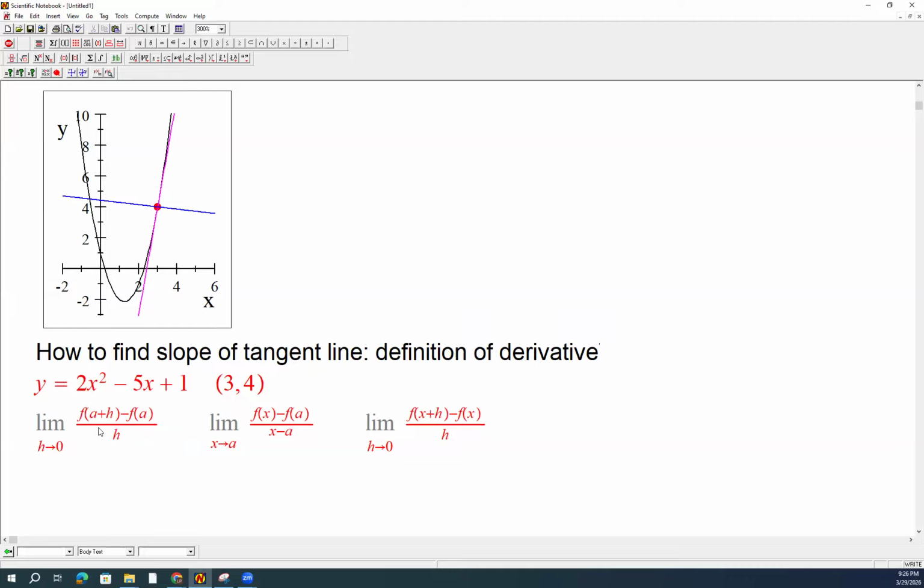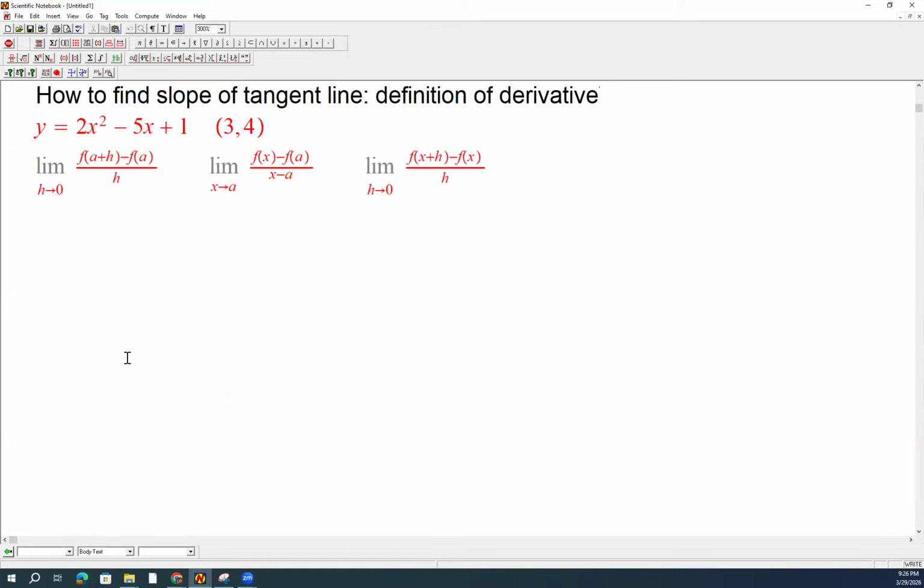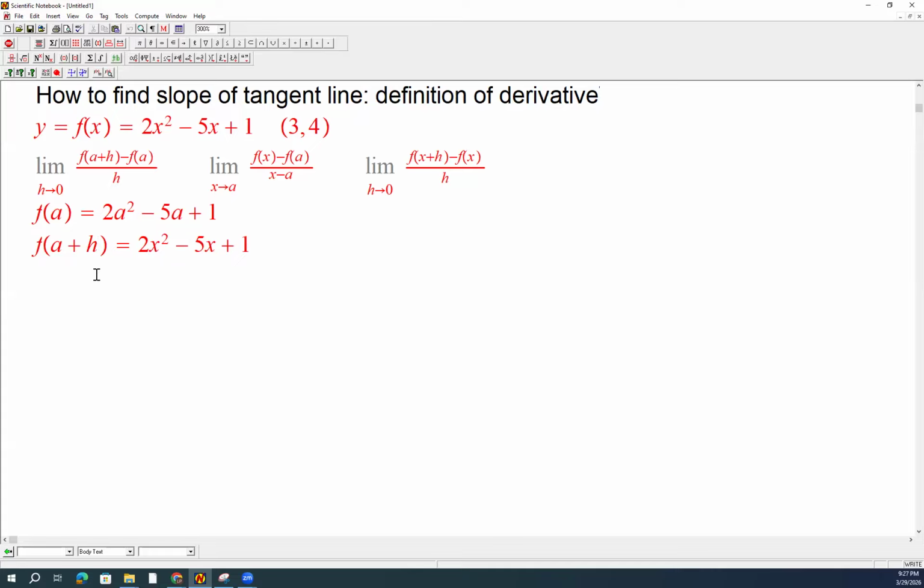The first way for this particular example at x equals 3 is this: suppose this is equal to f(x). We take the function and plug in a, so every x will be replaced by a, and we're also going to replace x by a plus h, so every x will be replaced by a plus h.